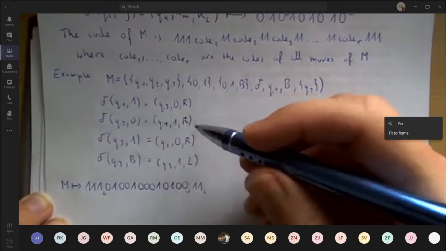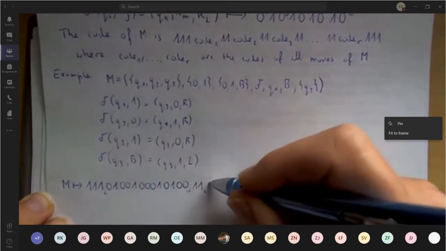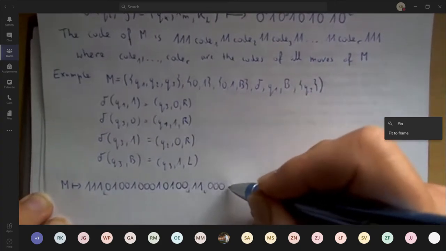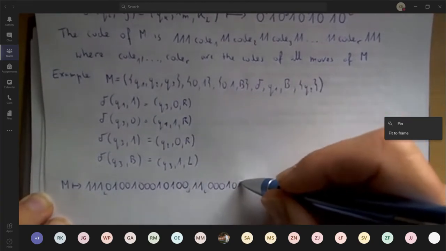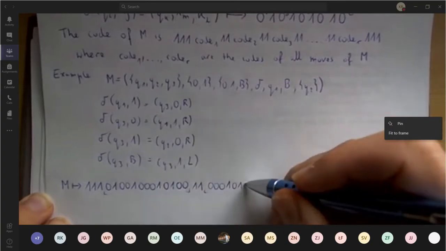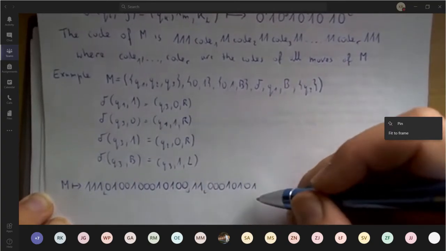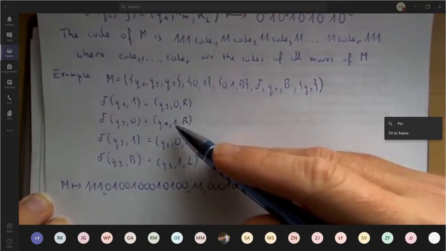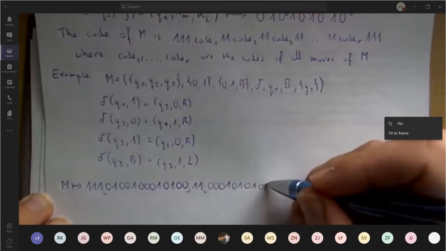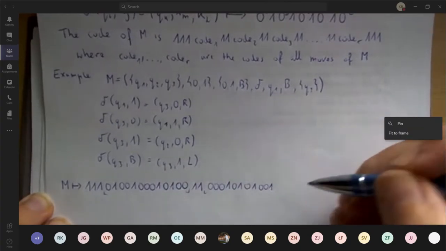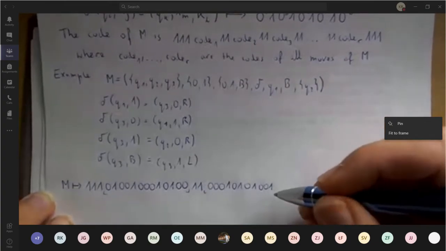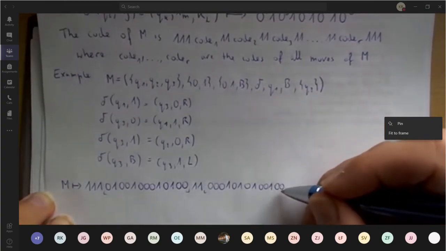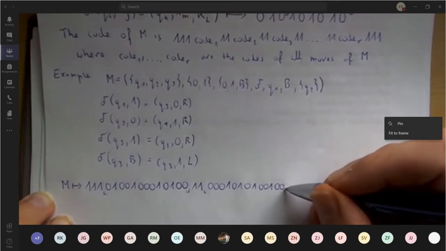We separate it with 2 ones, and now I will write the second move of M. So Q3, so 3 zeros, 1 0, so 1 0 1, 1 0 1 1 is x2, so 2 zeros, 1. R is k2, so 2 zeros, 1.